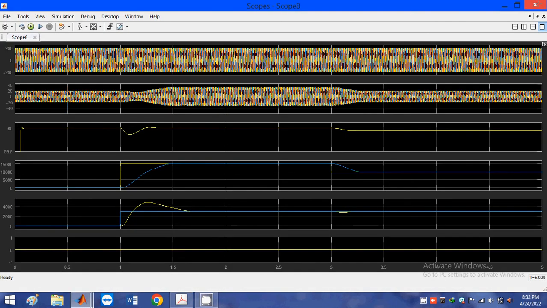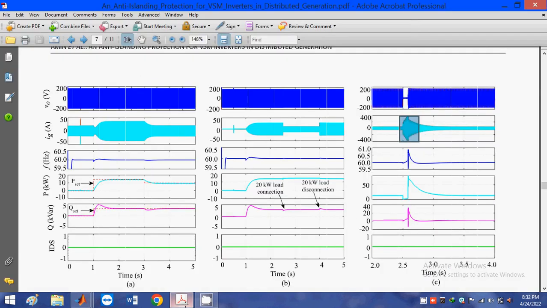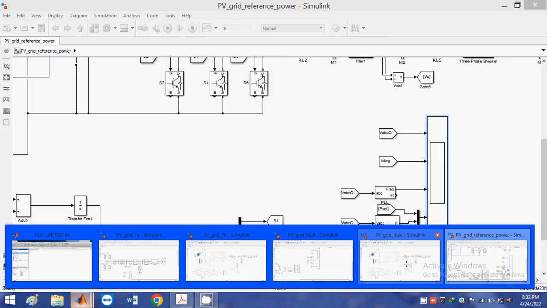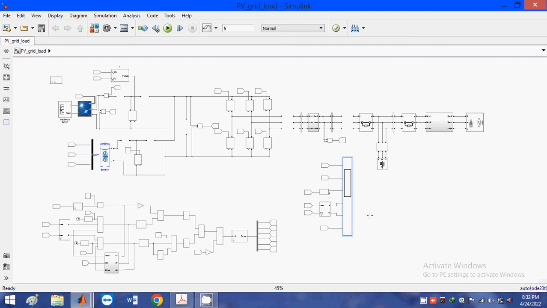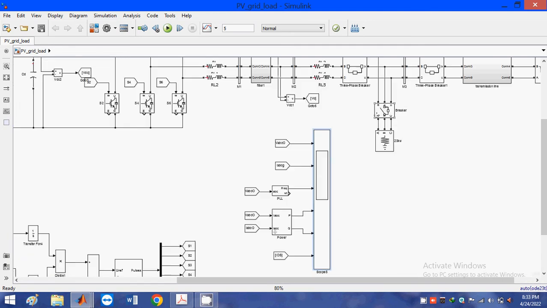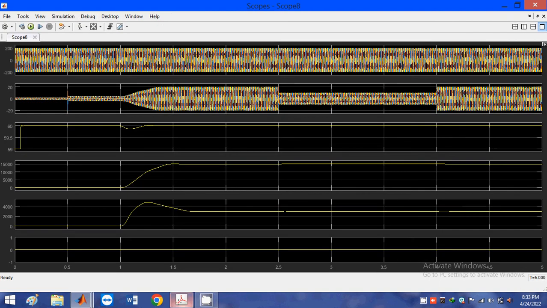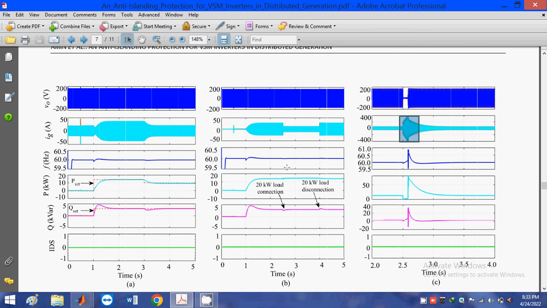In the second case, load connection and disconnection. For load connection and disconnection, I am mentioning a circuit breaker here. This is a circuit breaker for load connection and disconnection, and the results are shown in this diagram. When the load is connecting and disconnecting, you already know the voltage will be the same. With the proposed scheme, the voltage has constant magnitude, and only changes appear in the current.